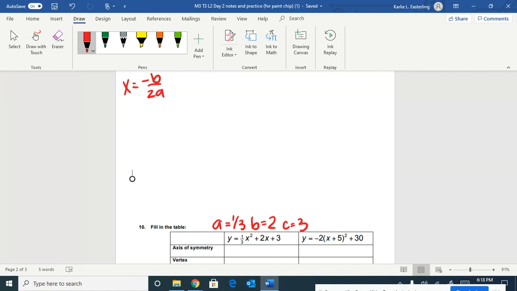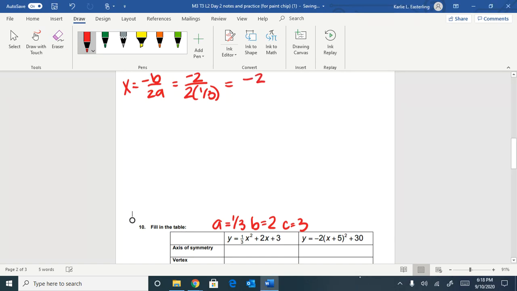Whenever we're looking at this, we can think about negative b, or opposite of b, so that'll be negative 2 divided by 2 times 1/3. You can either type that straight in the calculator if you need to, or you can follow along with me. I'm going to do it by hand. We're just going to bring that negative 2 over because there's nothing to do there. We can also look at this as 2 over 1 times 1/3, and those cancel out and end up giving us 2/3 on the bottom.